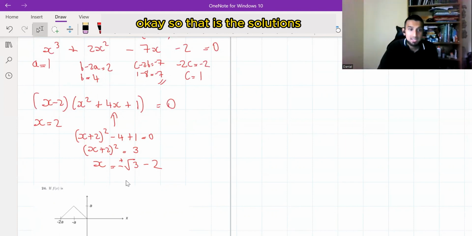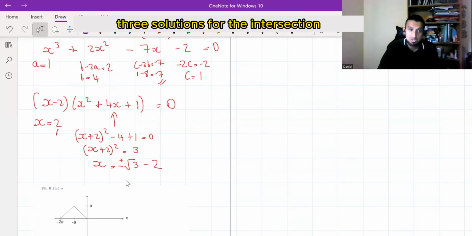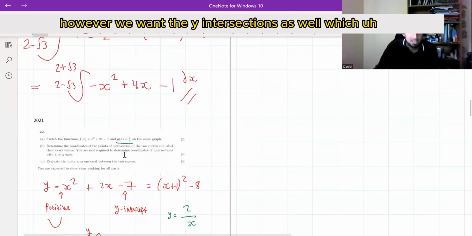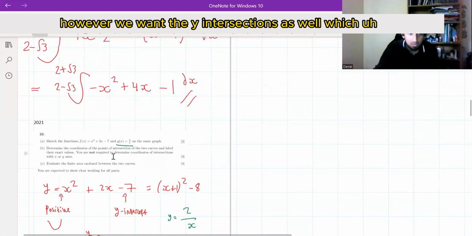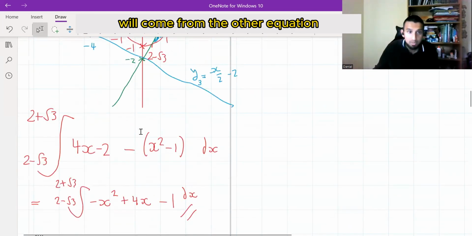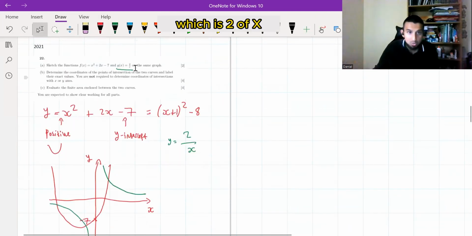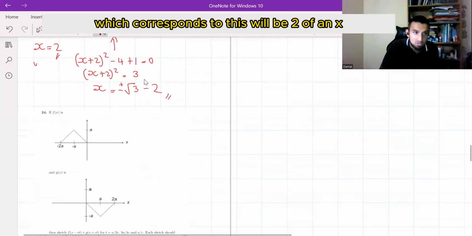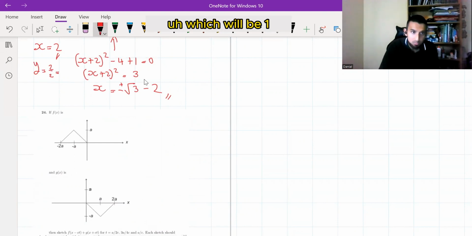Okay, so those are the 3 solutions for the intersection. However, we want the y intersections as well, which will come from the other equation, which is 2 over x. That's an easier one to use. So the y coordinate which corresponds to this will be 2 over x, which will be 1.